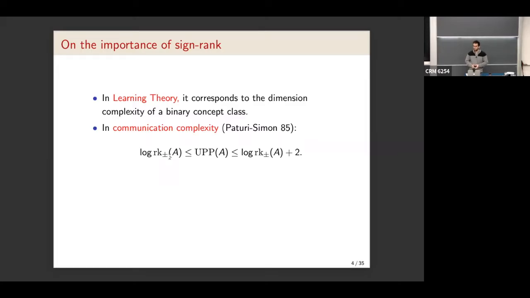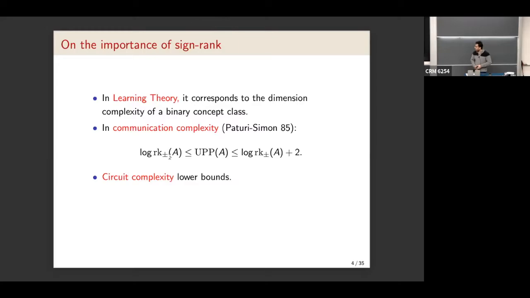No, they don't have to remain integer. So if you are interested in this notion of communication complexity, which I'll define later, it's basically the logarithm of sine rank. It's a very elegant mathematical definition. You don't need to think about communication protocols and so on. It's just this notion of rank, and you take its log and it gives you basically the exact value.